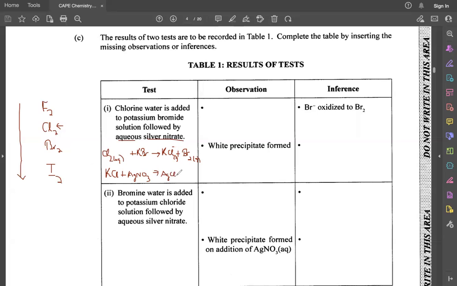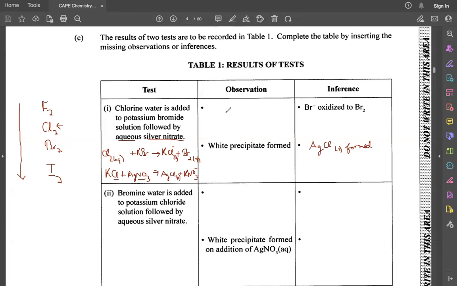So we get AgCl solid plus KNO3. So this chloride ion now comes and displaces the nitrate from here. And so that's how we end up with this AgCl solid, which is our white precipitate. So we can infer from that observation that the AgCl solid formed.